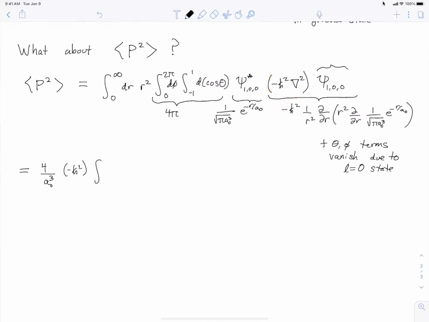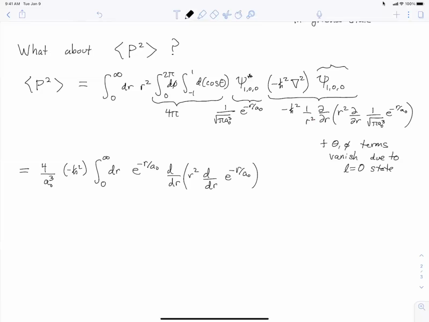And then finally, we have the radial integral, 0 to infinity dr. Now, this r squared nicely cancels with this 1 over r squared, so at least we don't have to do that. And then there's this exponential that we should put in here. So there's e to the minus r over Bohr radius. And then there's the derivative times r squared d by dr, e to the minus r over Bohr radius.